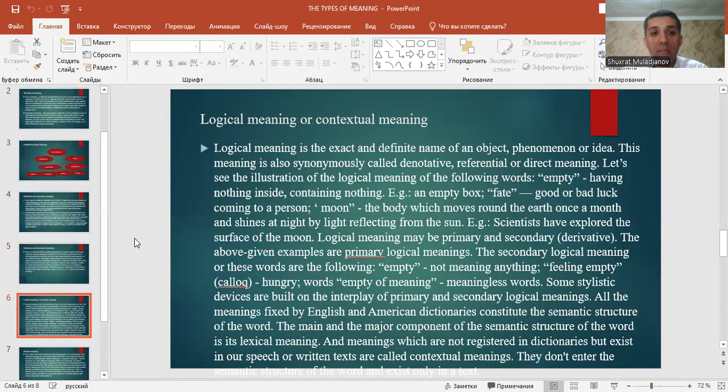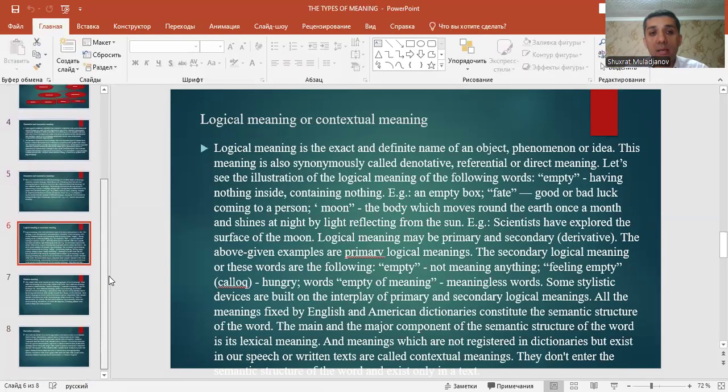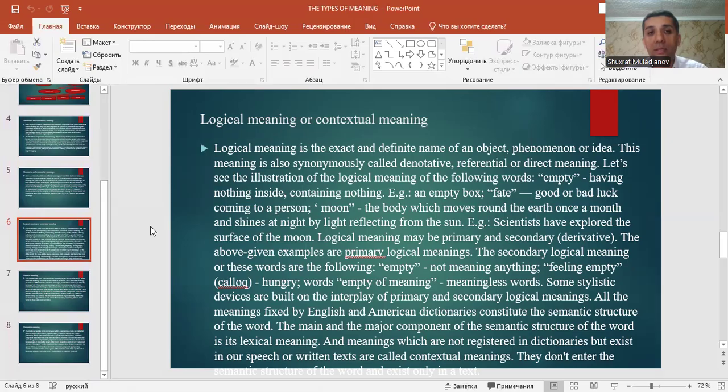There are also subgroups of connotative meanings. One of them is called logical or contextual meaning. Logical or contextual meaning is basically the indirect meaning of words, phenomena or ideas, which can be found in their context or utterances.